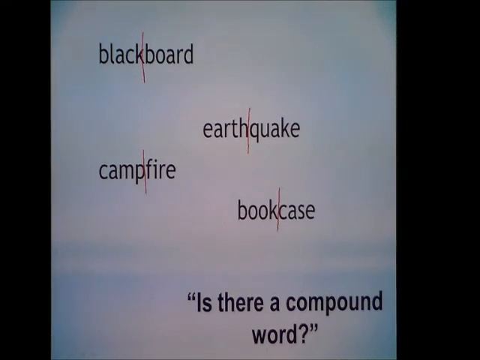Book, case. Case where you keep your books. Highway. So look and see if a long word is a compound word. Then read the two short words and put them together.